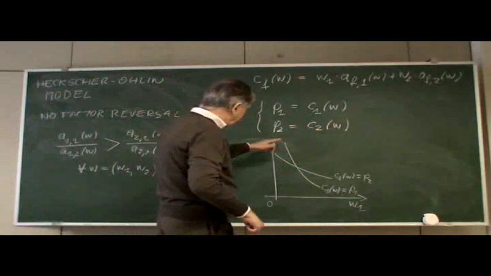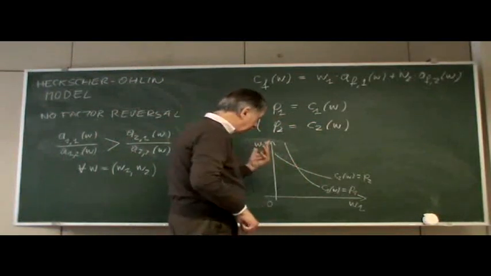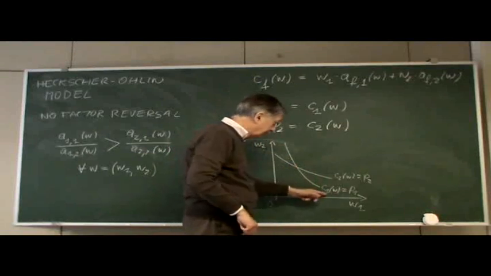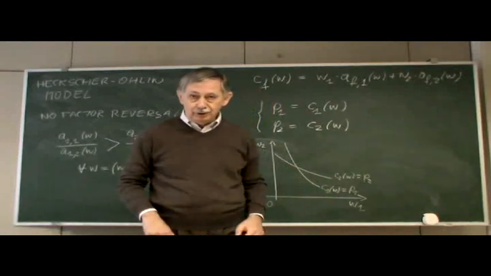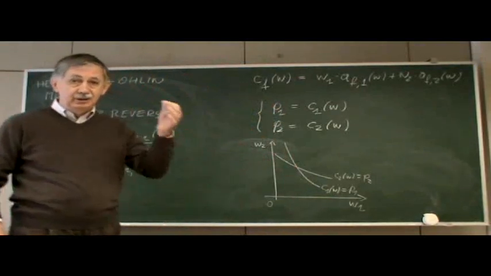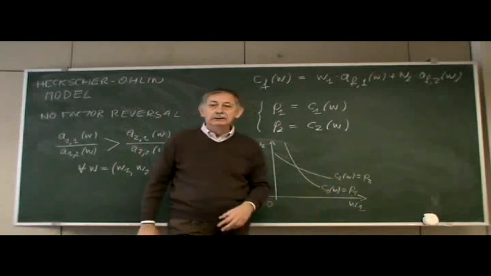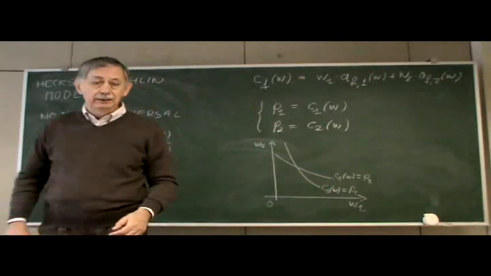So this is the set of all pairs W1, W2, such that the corresponding level of production cost is exactly equal to the market price of the first good, and the same for the second good.